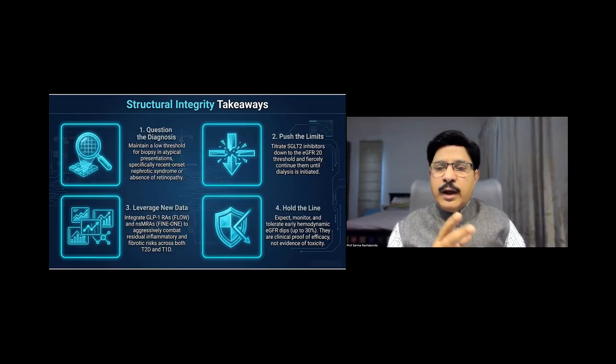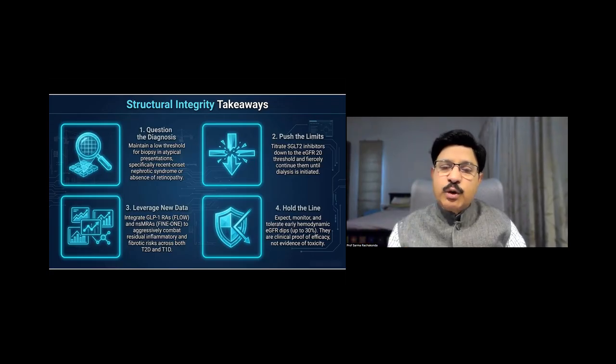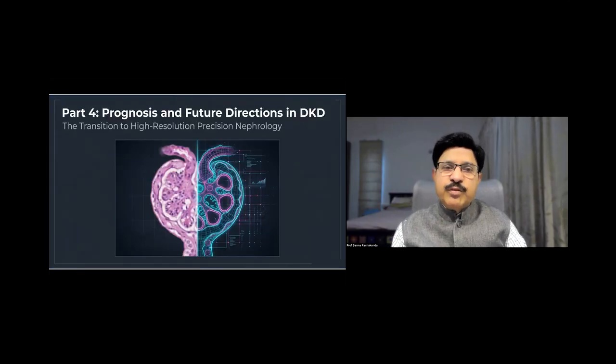Hold the line: expect, monitor, and tolerate early hemodynamic drop. Don't stop. If the eGFR is dipping, don't be concerned. Continue for 2-3 more weeks, it will pick up. It is clinical proof of efficacy. If the eGFR is dropping, that means your medicines are working. You must continue and not stop.